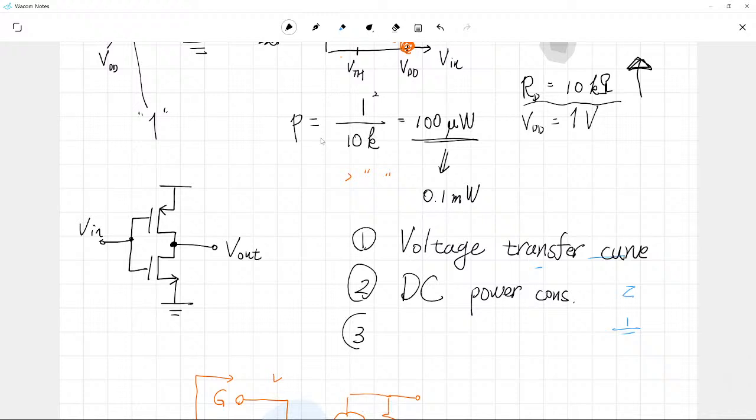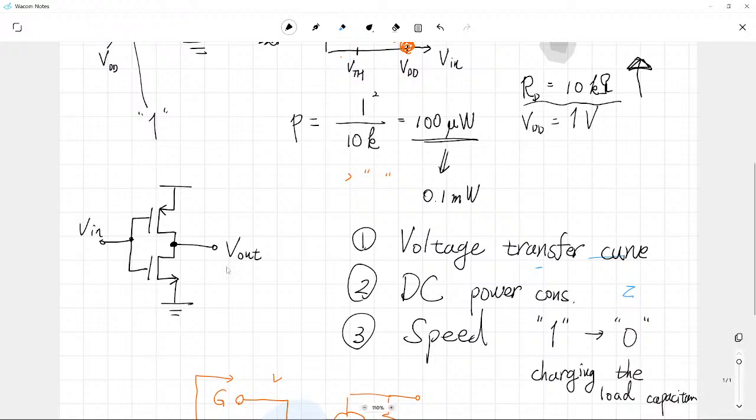And finally, the last discussion was the speed of our NMOS inverter. Especially the problem occurs when the input signal changes from 1 to 0, sorry, I made a mistake. When the input signal changes from 1 to 0, then we have to charge our load capacitance.